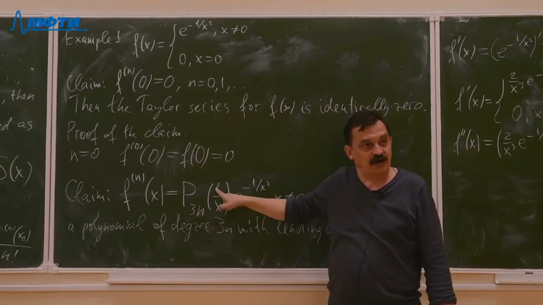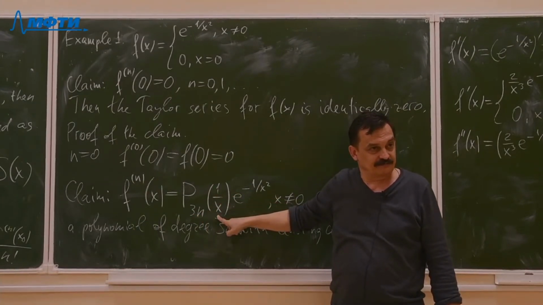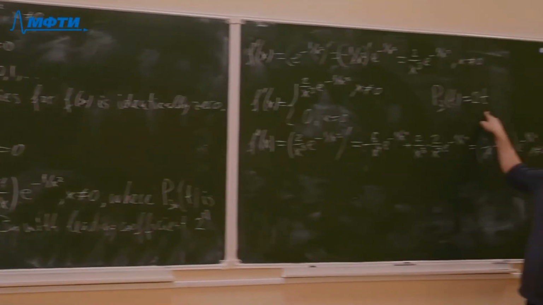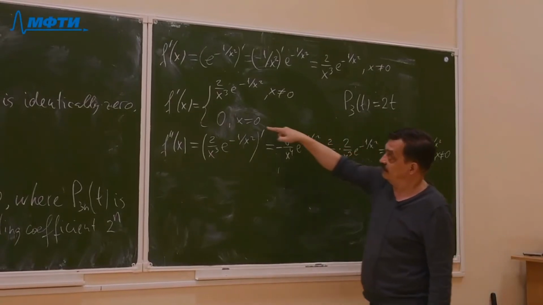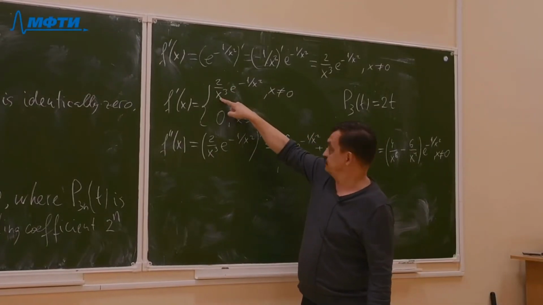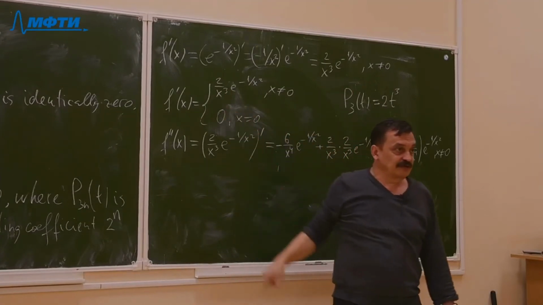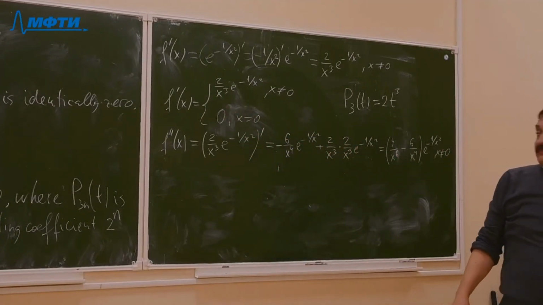P3 of 1 over x, right? If you substitute 1 over x instead of t, you have 2 over x cubed, right?